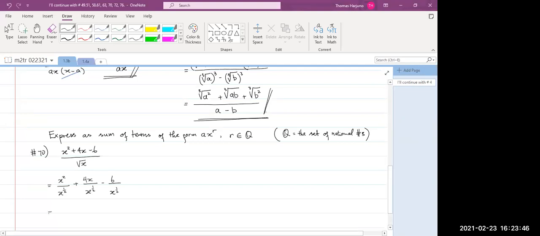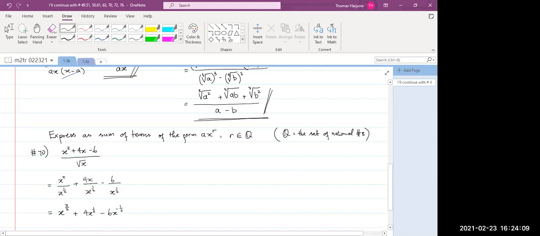Then we will get x squared divided by x to the 1/2. We subtract the exponent. We get x to the 3/2. x divided by x to the 1/2 is x to the 1/2. And the last term, this is 6x to the negative 1/2.